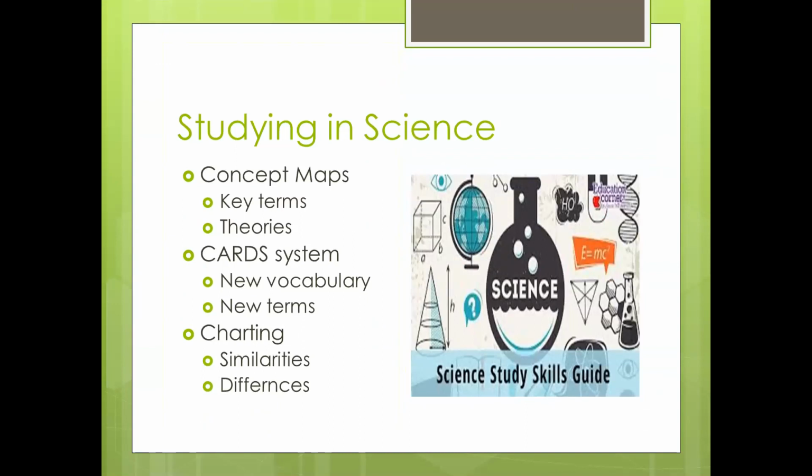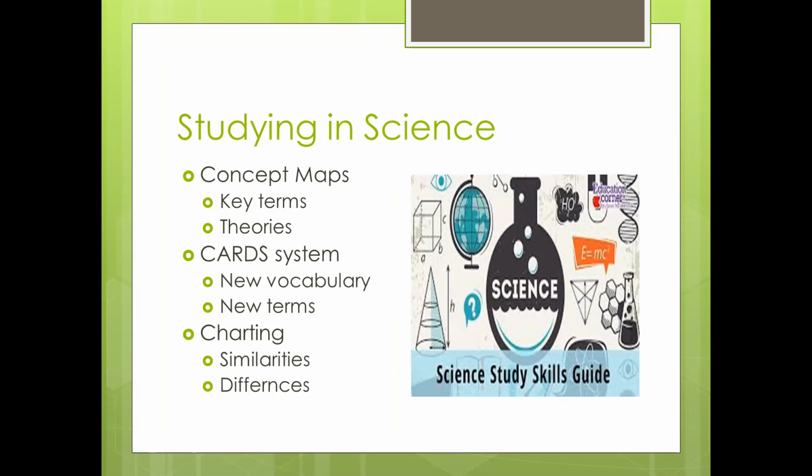When you're studying in science, they also have some specific suggested strategies that may work. According to research done by your authors, concept maps are a real key idea to gravitate toward as they refer to science courses. Because you can use concept maps to track key terms and theories, it's a good way of reviewing material and making sure that you have a full comprehension of how it impacts larger ideas and themes, in addition to studying the basics.